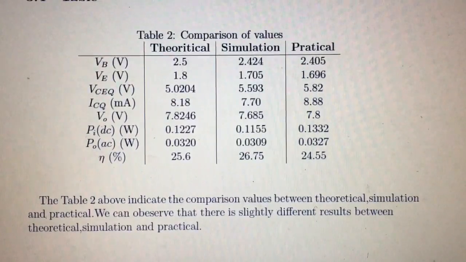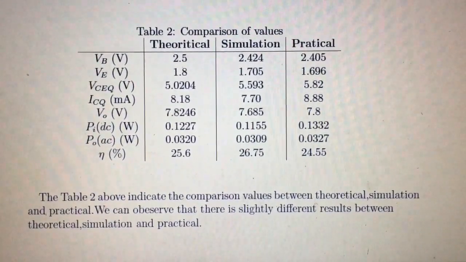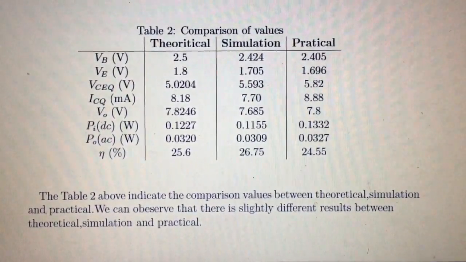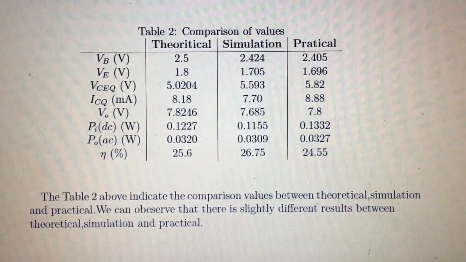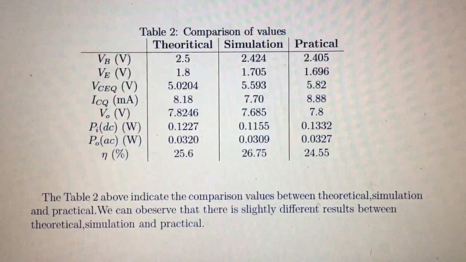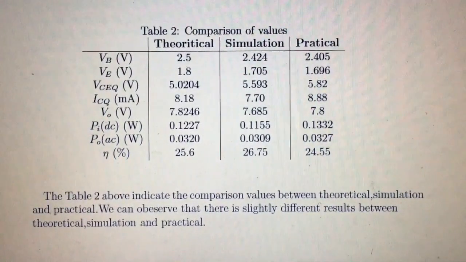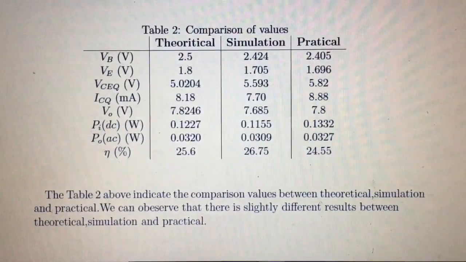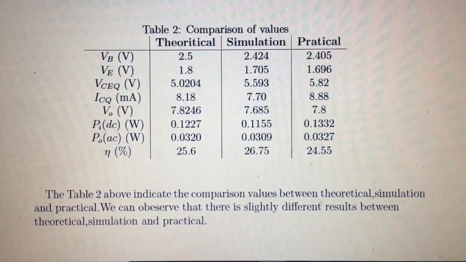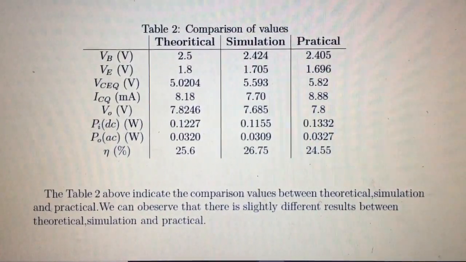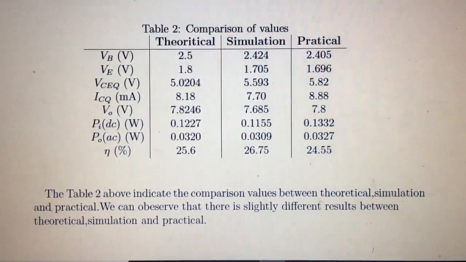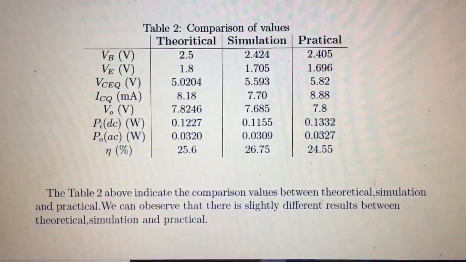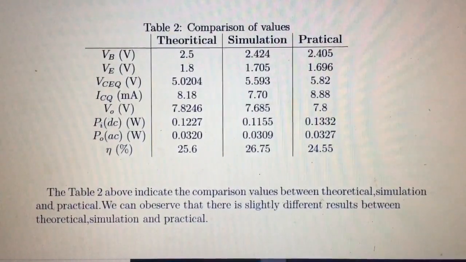Based on the theoretical and simulation results, we obtain efficiencies that are close to each other. The result obtained from the theoretical is 25.6%, while the output voltage value from Multisim gives the power output using the power output equation, and it gives an efficiency of 25.75%.